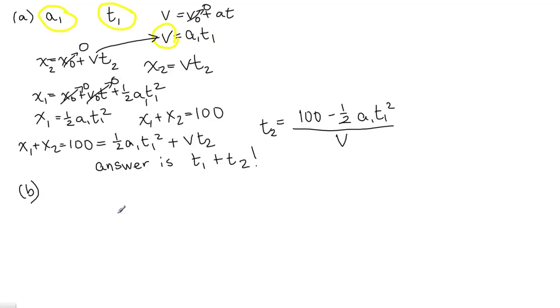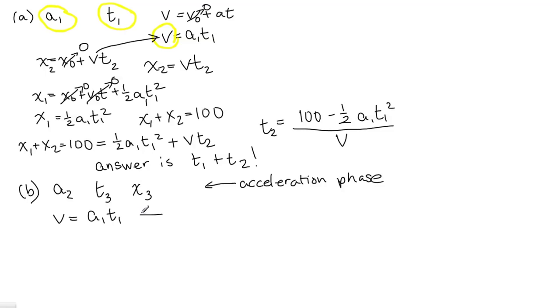For part B, the tricky part is that we're going to have a new acceleration a2, a new time for the first part, which I'm going to call t3, and a new distance, which I'm going to call x3. But the final velocity is the same. So in the acceleration phase we're going to have these three, but the final velocity is going to be v, which is, as always, a1 t1, and you know these numbers.